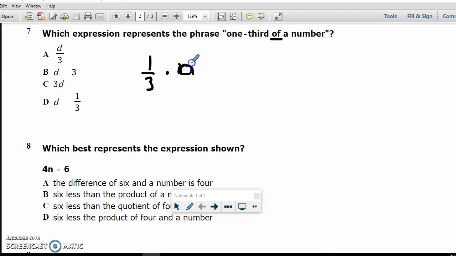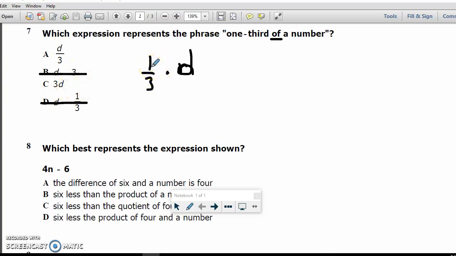So we're going to make N a D this time to match our answers. So looking at your answer choices, let's go ahead and eliminate what we're not multiplying. We can easily take out B because that is subtracting a number, and D because that is also subtracting a number. So we're left with one that is being divided by and one that is being multiplied.